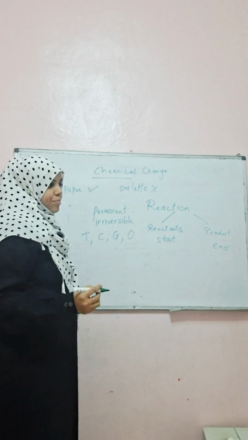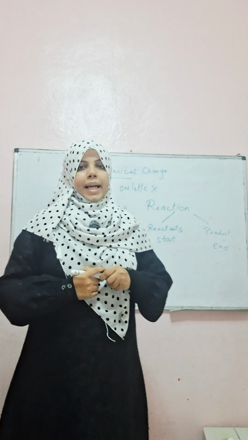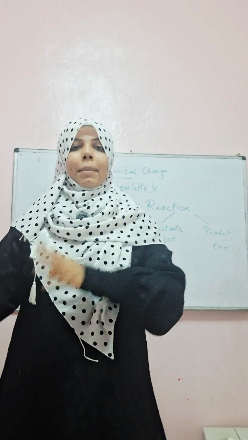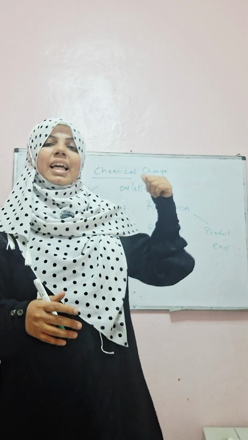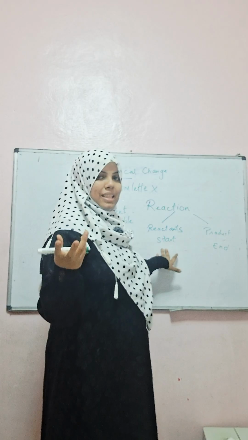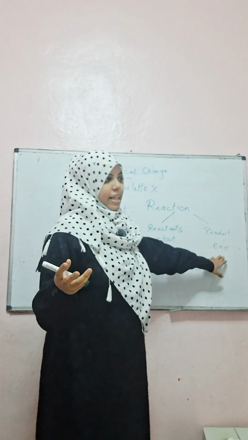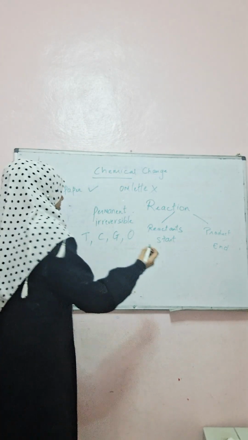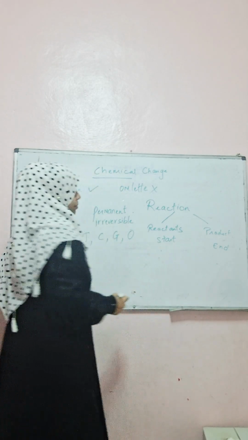So let's say you take milk, you take syrup and you make it into a milkshake. Okay, so milk and syrup or milk and fruit are the reactants because you used them at the start, and the milkshake you got is the product. One more example.